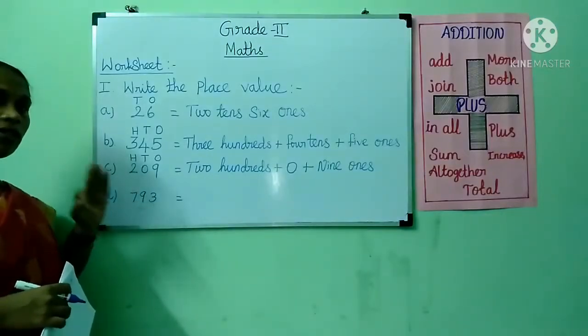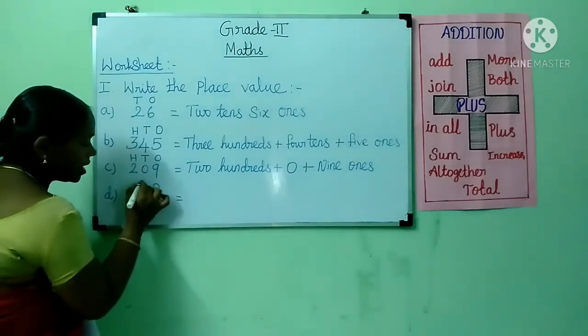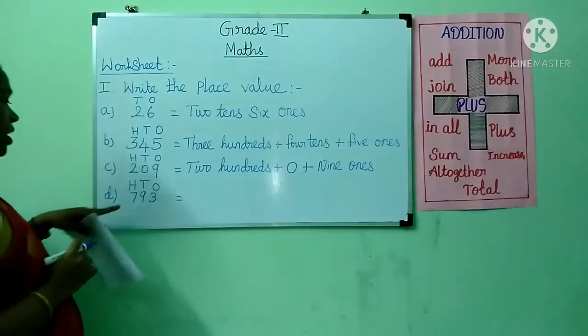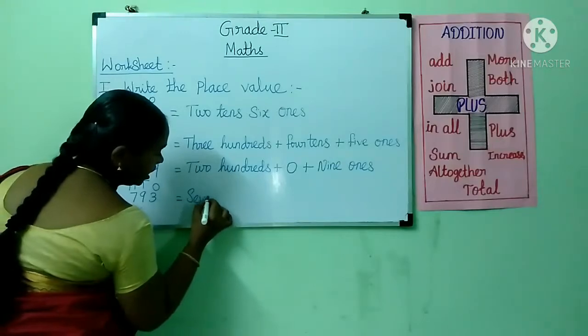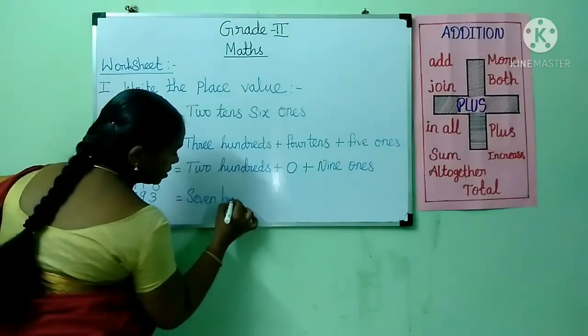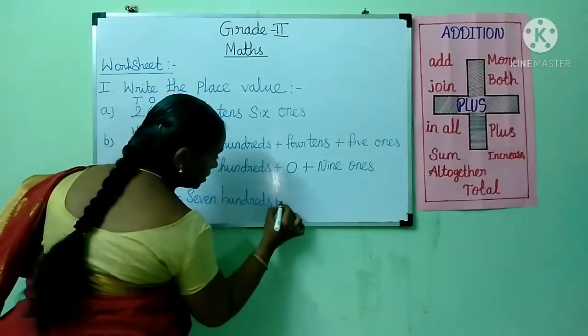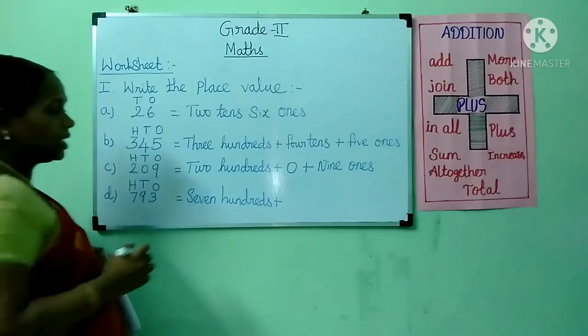The next one, 793. How many places? 3 places. 3 is the ones place, 9 is the tens place, 7 is the hundreds place. How many hundreds are here? 7 hundreds. SEVEN, 7 hundreds plus how many tens here? 9 tens.